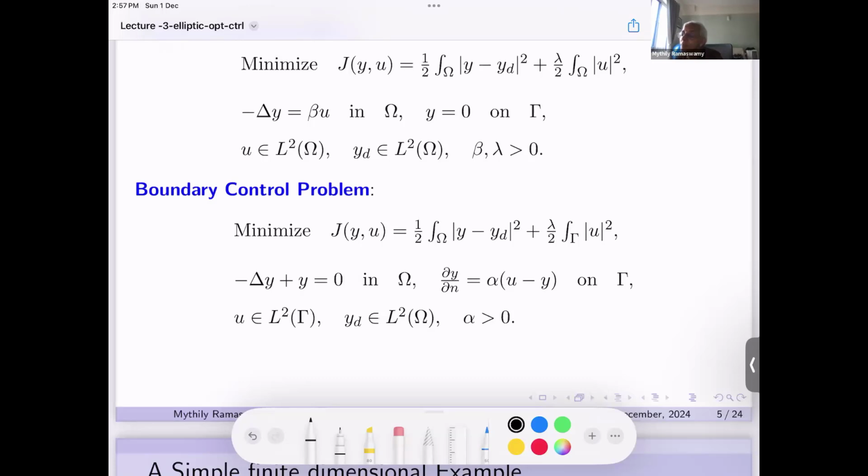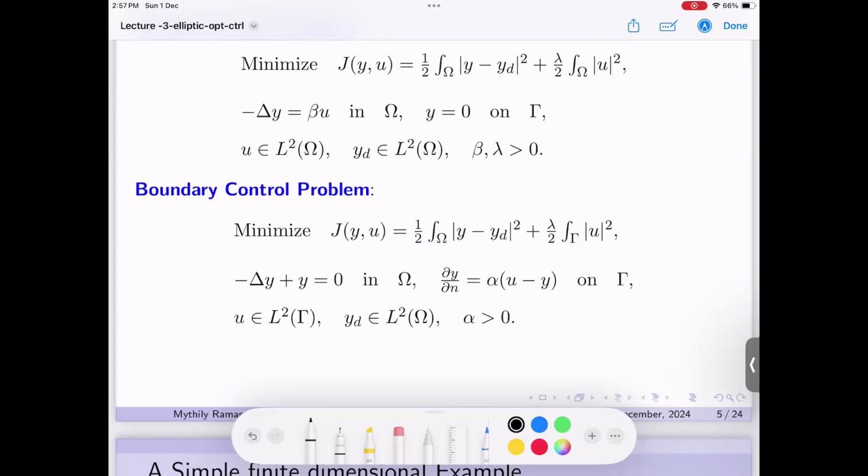So on the boundary, the dy by dn will correspond to the heat flux, what heat is transferred. So what you put in is alpha u through the control, and dy by dn plus alpha y is equal to alpha u. This is one boundary control problem. So are there any questions before I proceed?